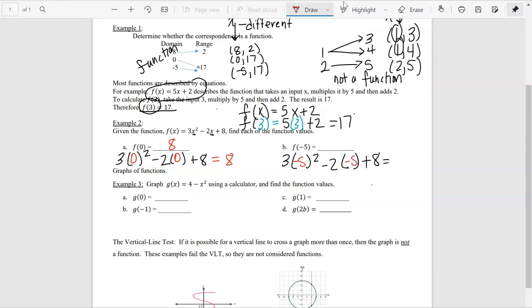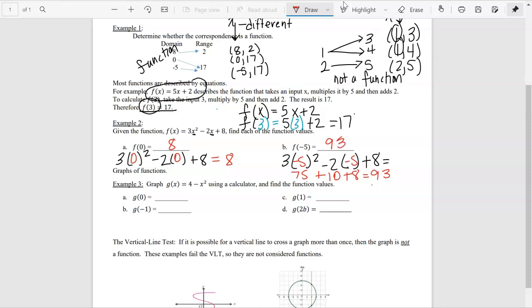Okay, so that's going to be 75 because negative 5 squared is 25 times 3 is 75. Negative 2 times negative 5 is 10 plus 8. So we're going to have 85 plus 8, which is going to get us 93.